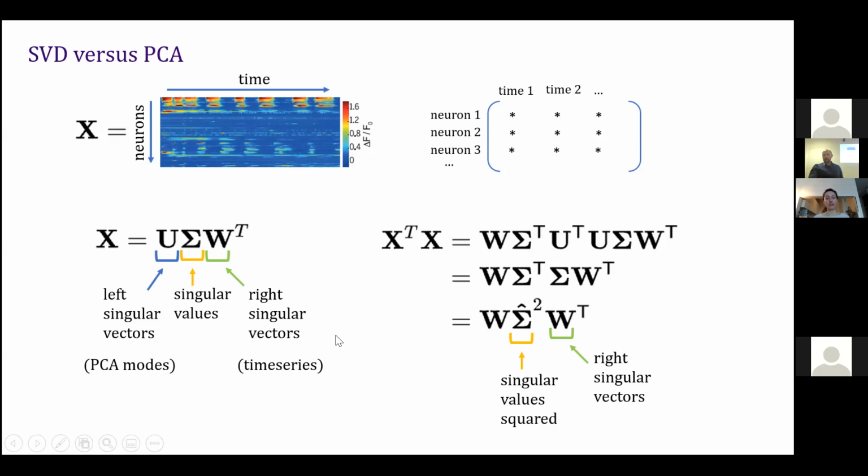And then you have your right singular vectors. So this is the time series of each of those PCA modes or SVD modes. If you do PCA, you get similar information. You get these right singular vectors, which give you the time series of the PCA modes, and that's similar to what you get out of SVD.